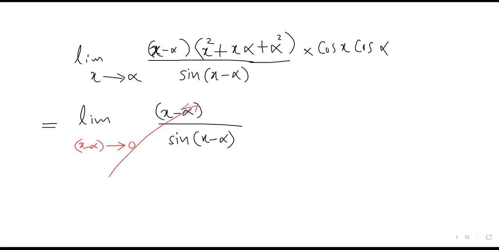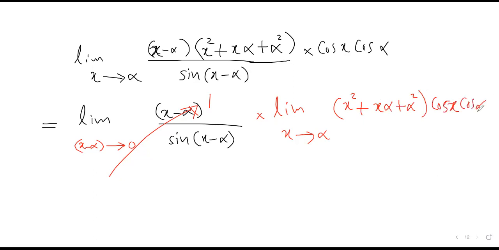Then only this part is going to be 1 into limits. Here x is going to alpha, x squared plus x alpha plus alpha squared into cos x cos alpha. Am I correct? Okay. Now here it's going to be 1.